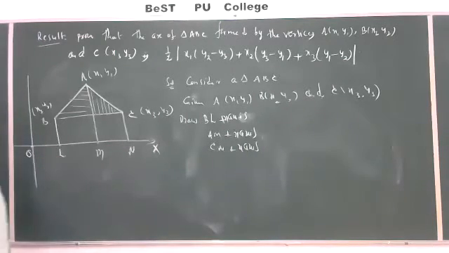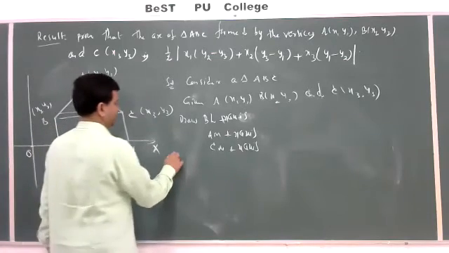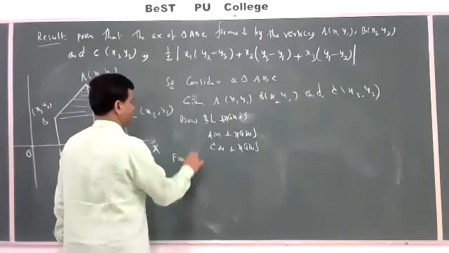From the diagram, the area of the triangle ABC is what we have to find.